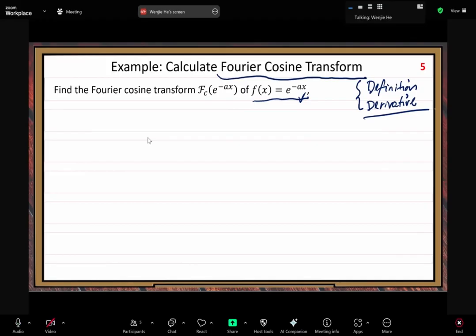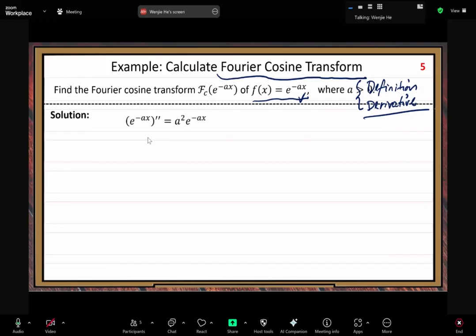So to do the calculation, we make our observation. The first observation: when we calculate the second derivative, the e function second derivative is very easy to calculate, right?